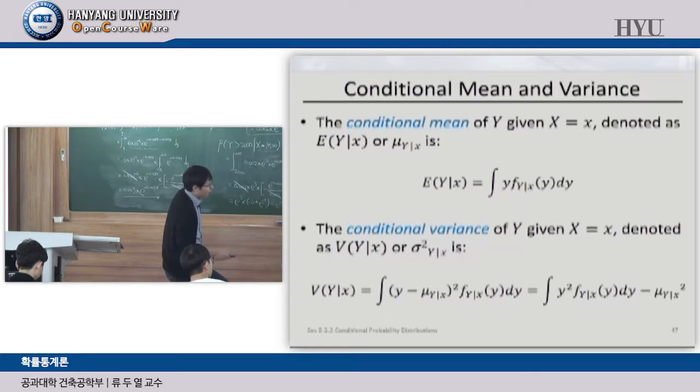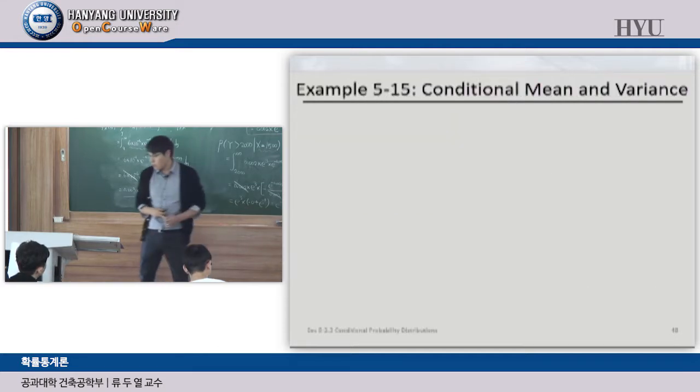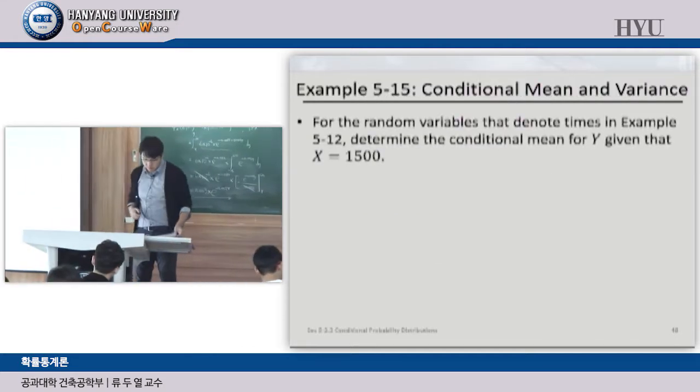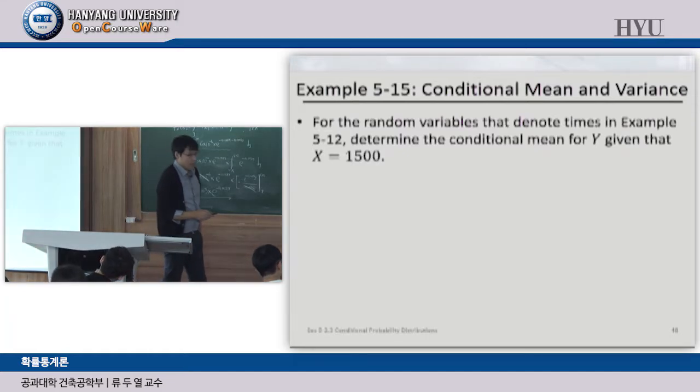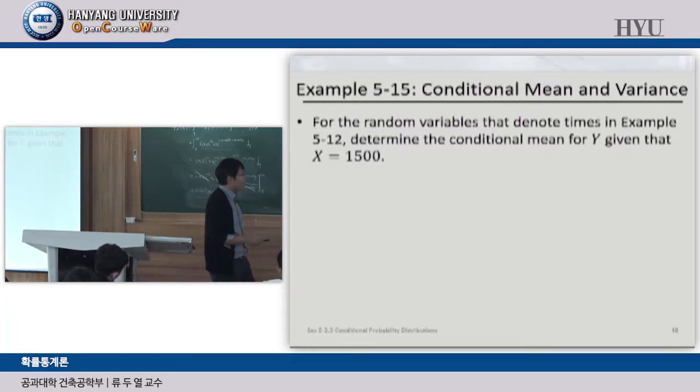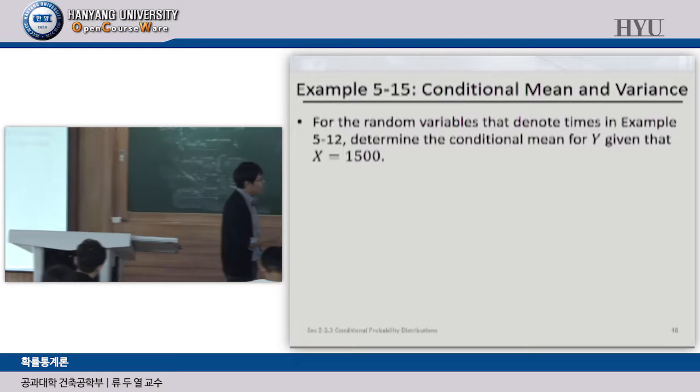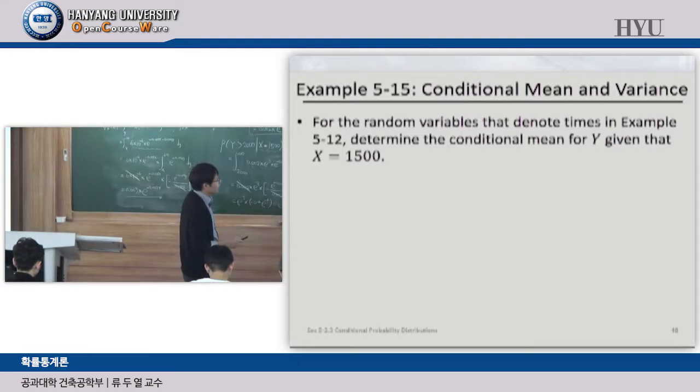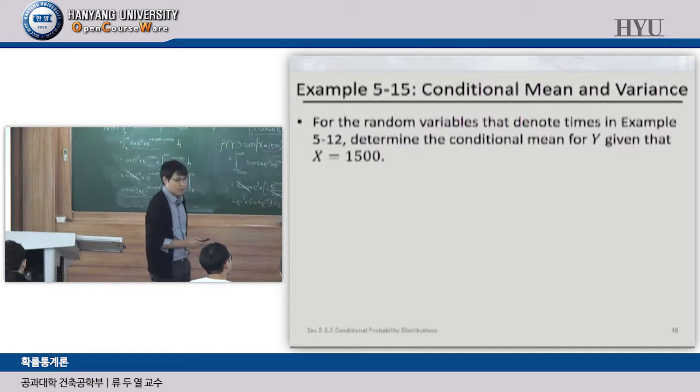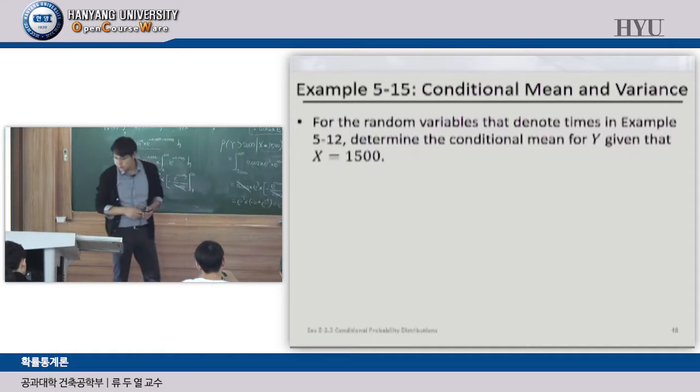So we can use both equations to solve the conditional mean and the conditional variance for the case of the continuous random variable. And this is the example. For the random variables that denote times in the previous example 5-12, determine the conditional mean for y given that x is equal to 1500. That is the question.